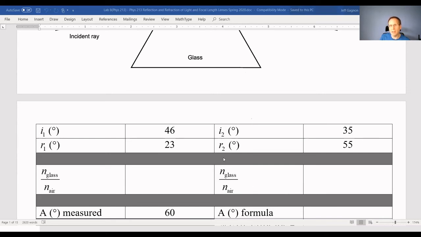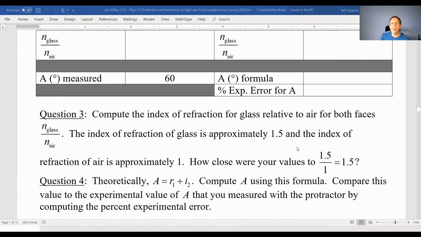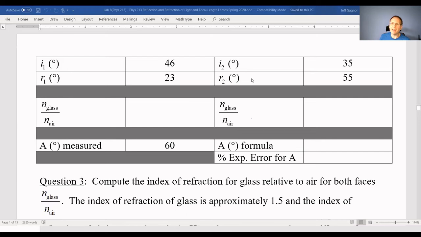So the I's and R's kind of switch roles in this case. That'll give you that value. In theory, the index of refraction of glass is around 1.5, so you should be getting around 1.5. When I did this, I got a little bit higher, but that's okay. In theory, they should be around 1.5.